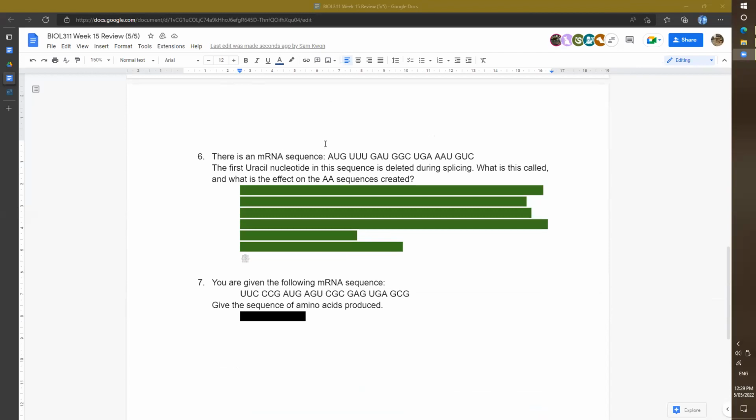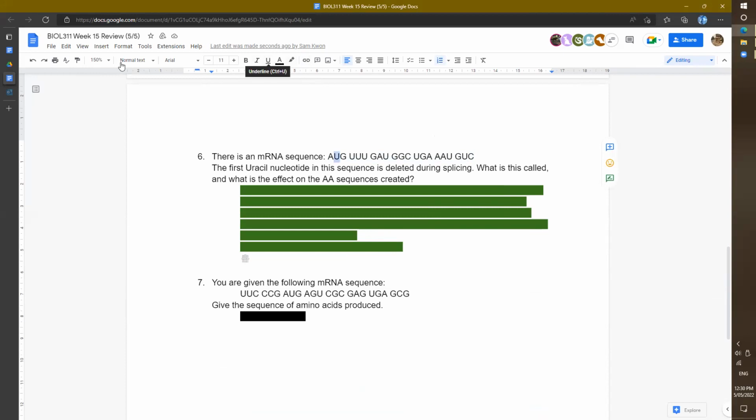Okay, friends, we have an mRNA sequence. You can take the time to read it if you want, just to get familiar with it. What we have is that this original mRNA sequence accidentally has its first uracil deleted.